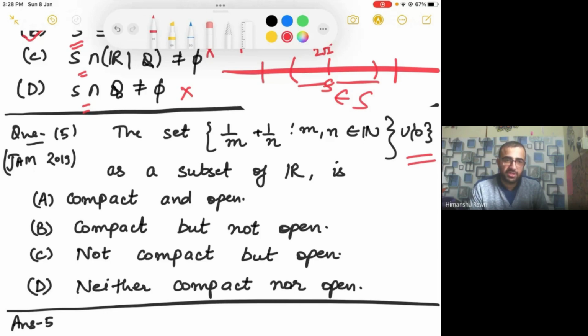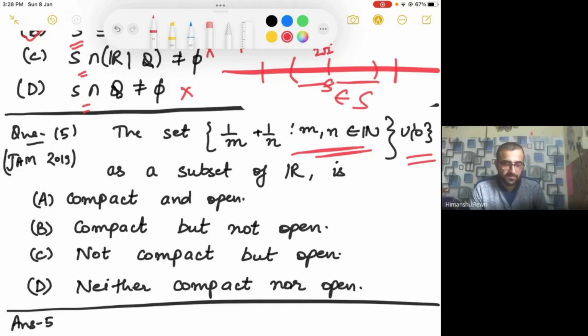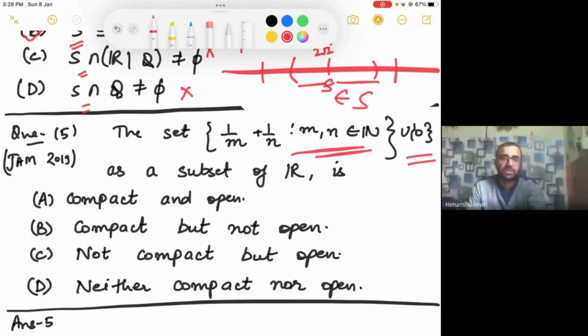So my question is, what can you comment about this set? Is it compact and open? Compact but not open? Not compact but open? Neither compact nor open? I think option B is true. Option number B. Okay, what about others?